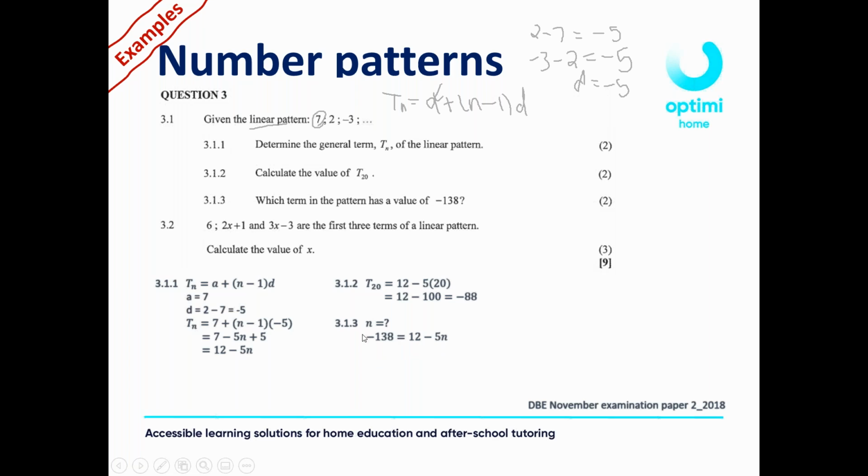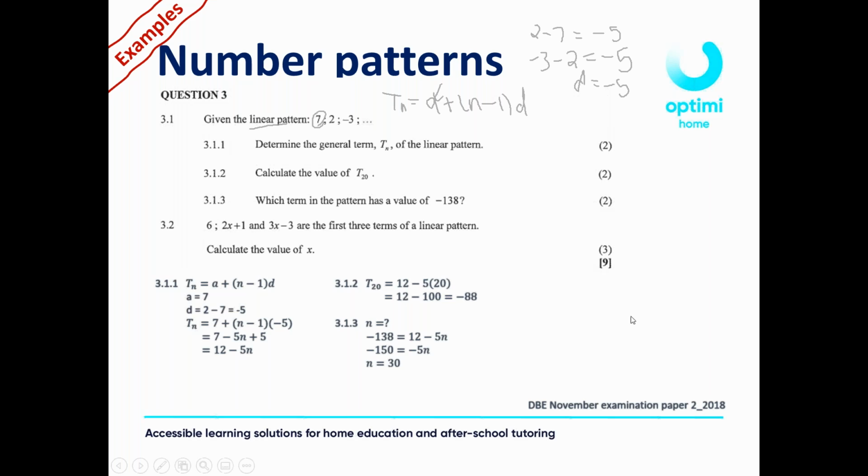You substitute this value into Tn, which is equal to 12 minus 5n, and you're going to solve n, which is your term number. So I've taken the 12 over to the other side, so subtract over here, and then divide both sides by -5 to get n is equal to 30. It means that my 30th term is equal to -138. I'm going to repeat that. It means that my 30th term is equal to -138.